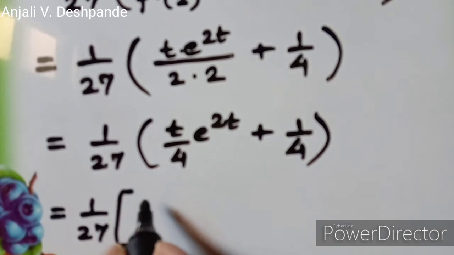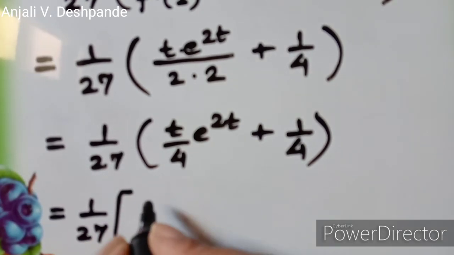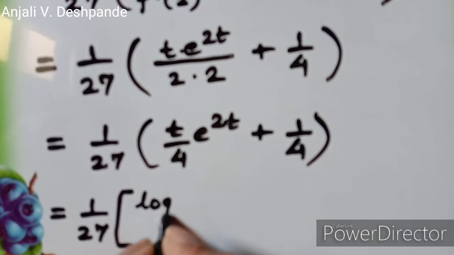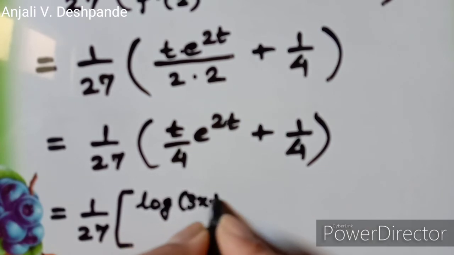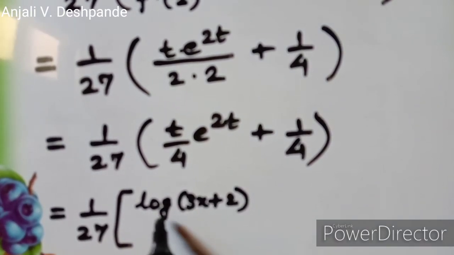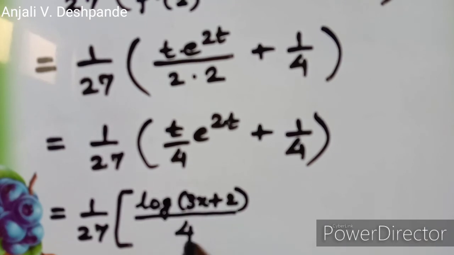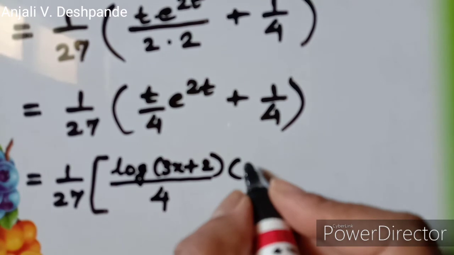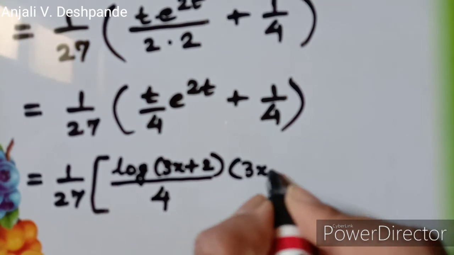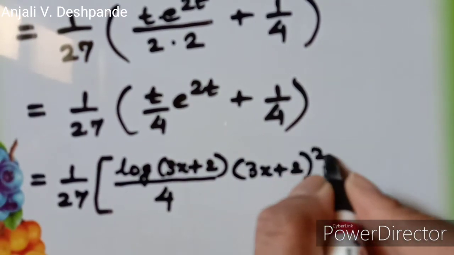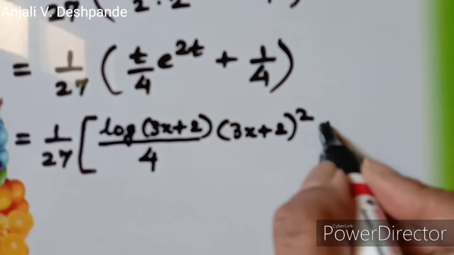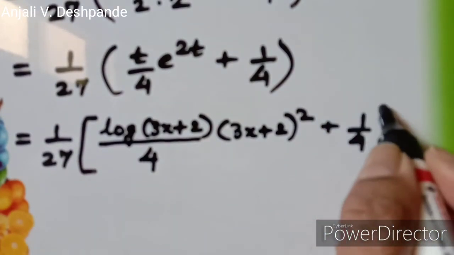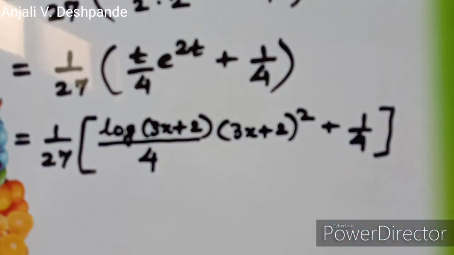Now the value of t is log(3x+2). So we'll write this as log(3x+2) divided by 4, and e^(2t) will be (3x+2)², plus 1/4.